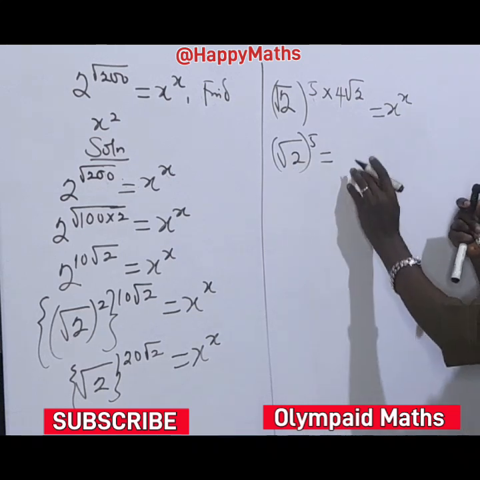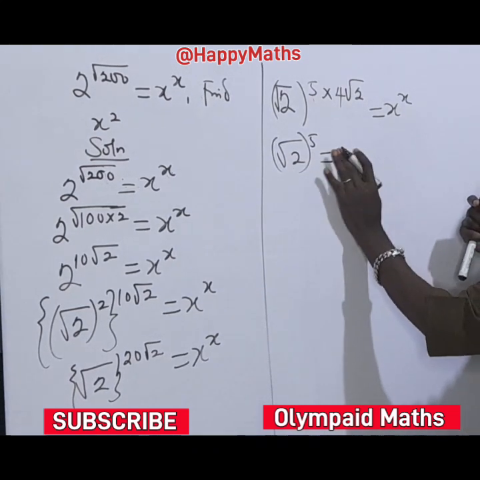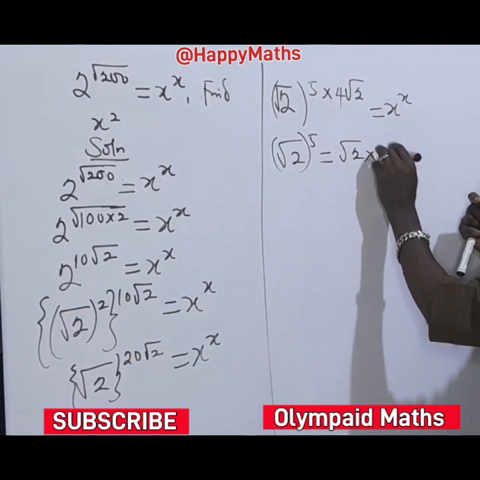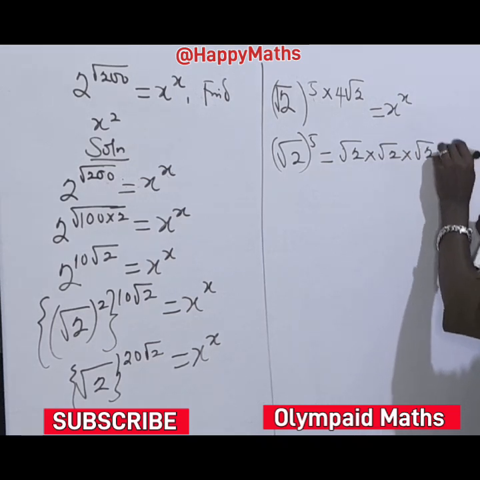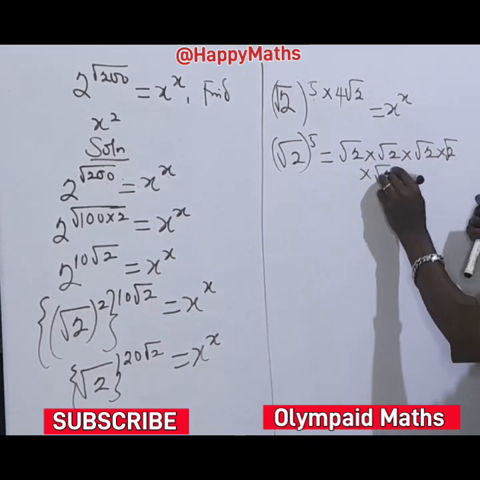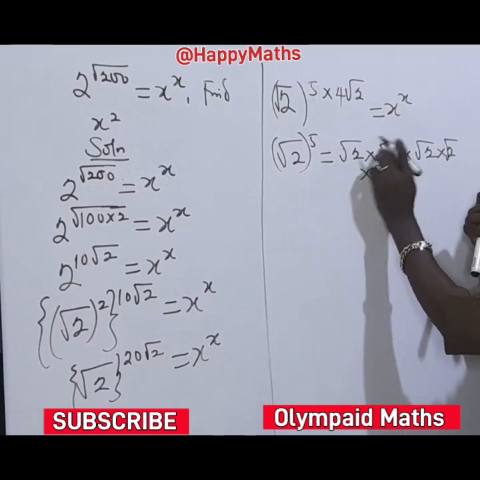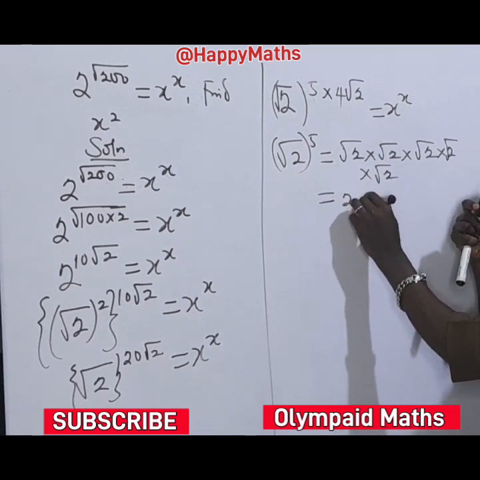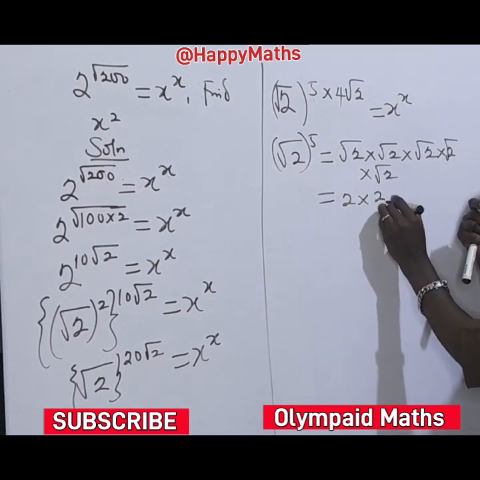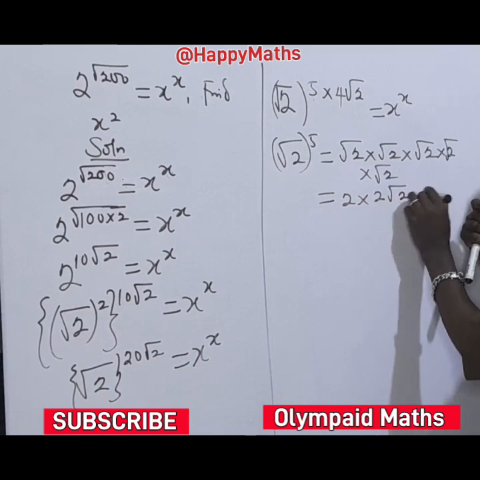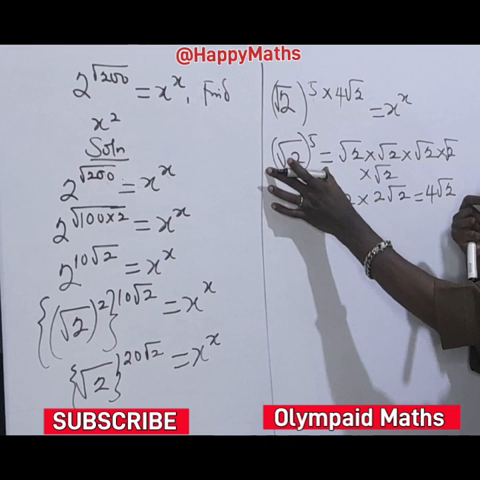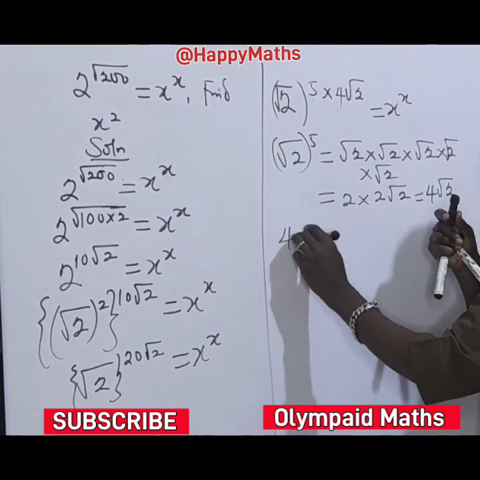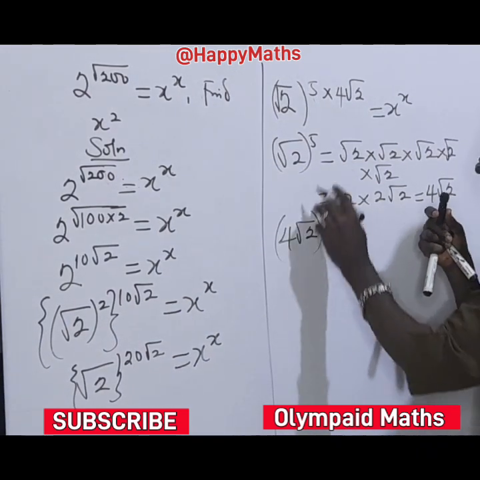This will give us root 2 times root 2 times root 2 times root 2 times root 2. By implication, root 2 times root 2 will give us 2. Root 2 times root 2 will give us 2. Root 2, which will give us 4 to the root of 2. So this can replace this. So we have 4 to the root of 2.